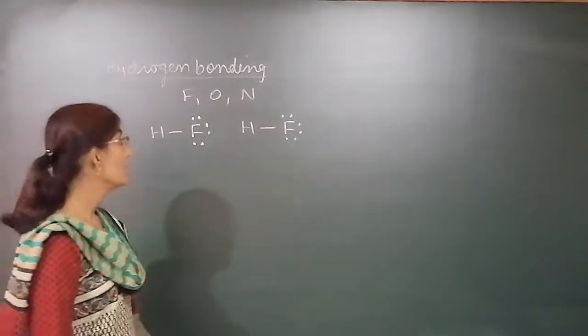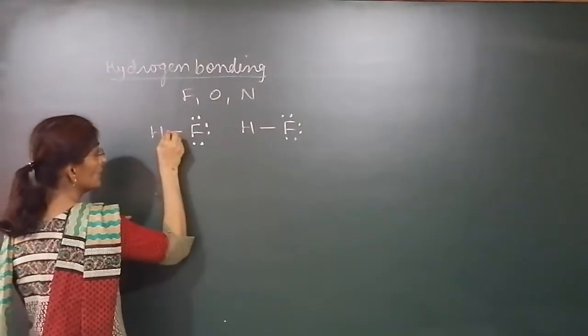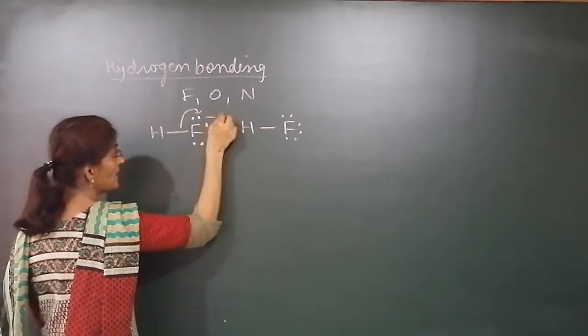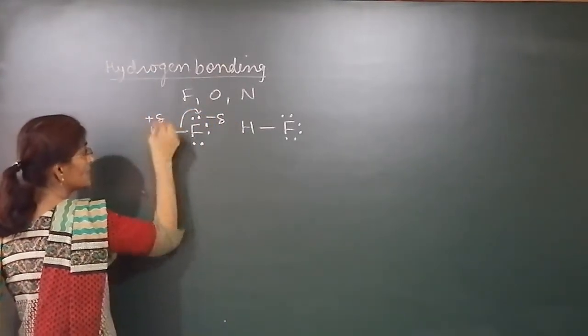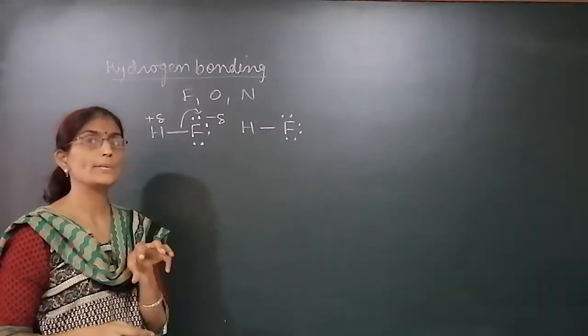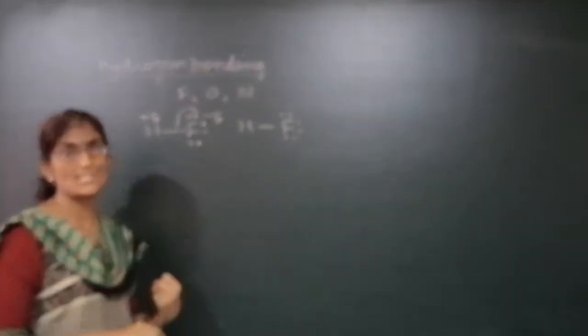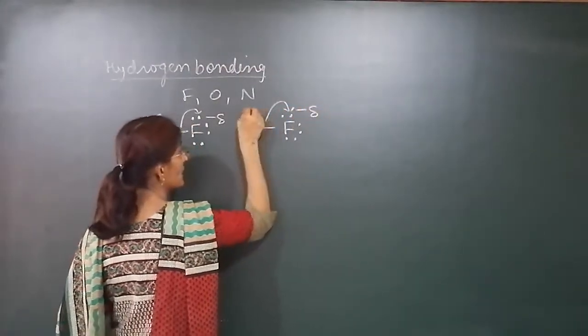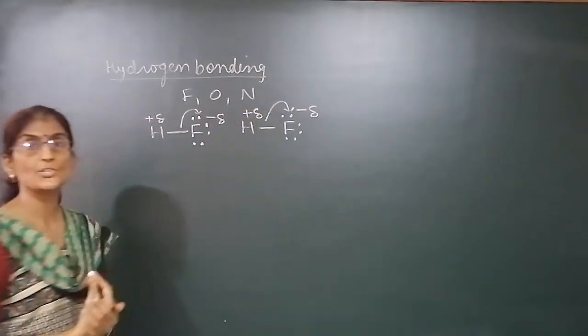So the bonding electron pair shifts towards fluorine and it gets a partial negative charge, and hydrogen gets a partial positive charge. Fluorine, being more electronegative, attracts more electron pair towards itself. Same here, so this gets partial negative and this gets partial positive charge.